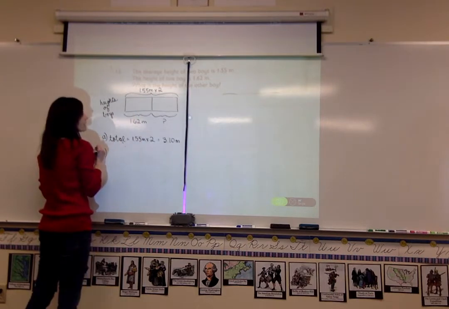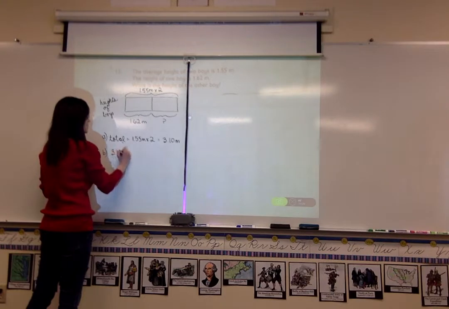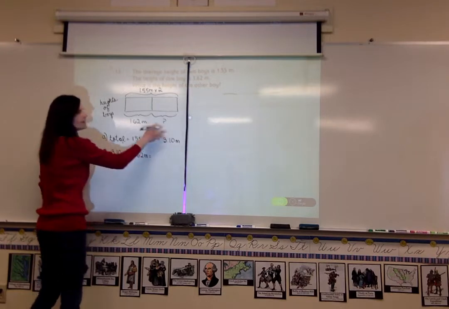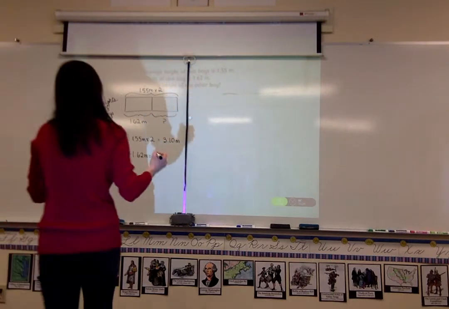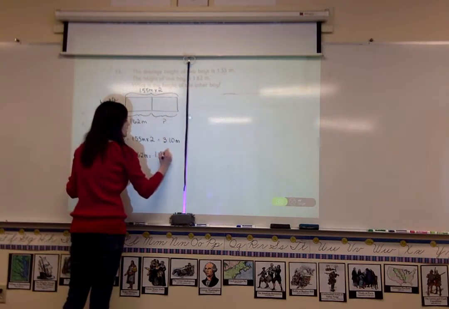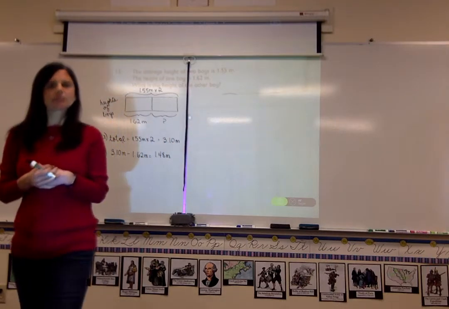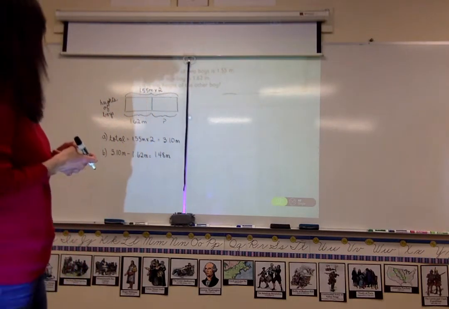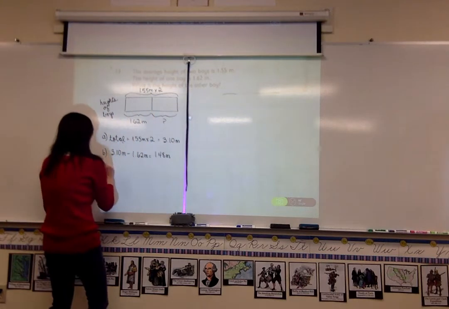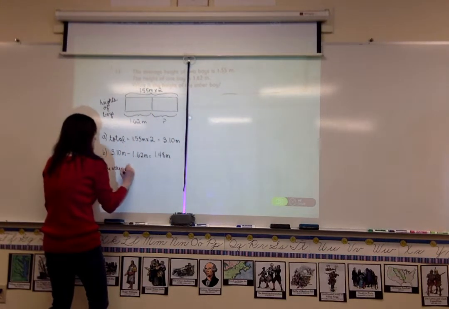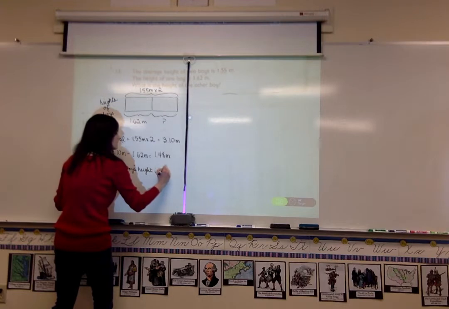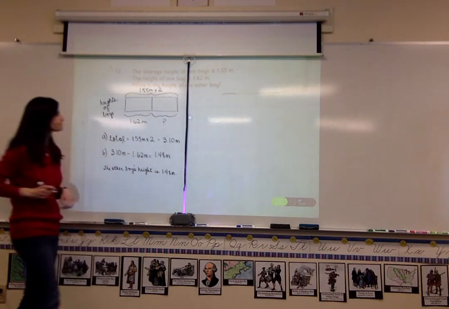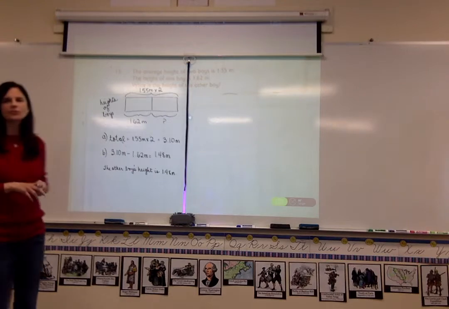So I'm going to take 3.10 meters and subtract 1.62 meters from that. And when I calculate that algorithm, I should find that this boy is 1.48 meters. That is his height, 1.48 meters. And so therefore, the other boy's height is 1.48 meters. Okay, that was number 13.